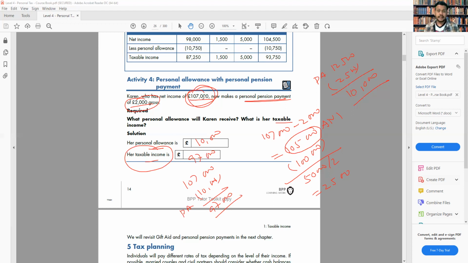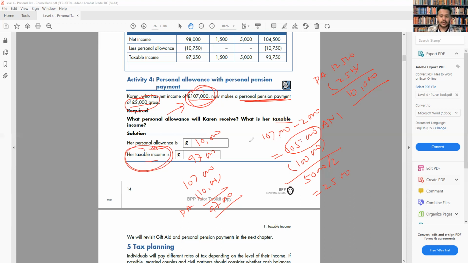Because the net income remains the same, we only make the adjustment for the personal pension payment just to pay less tax, just to increase the personal allowance. But when you calculate the taxable income, you have to consider 107,000 in order to find the taxable income. Don't use 105,000.